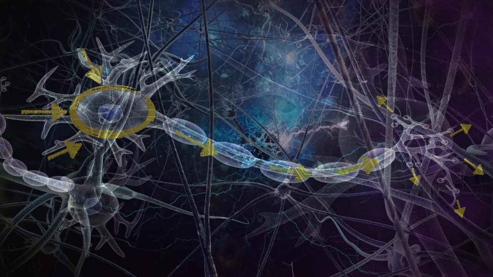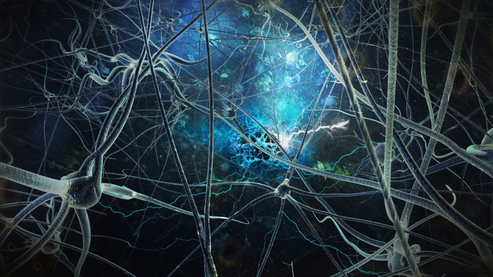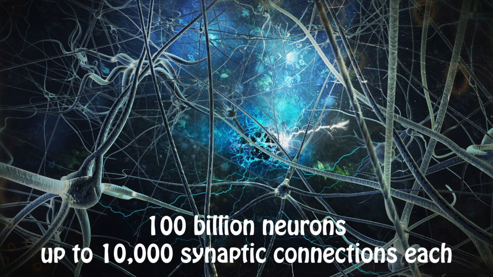The neurons are connected in this massive network. So you've got 100 billion neurons in your brain, and each neuron can have up to 10,000 synaptic connections. It can be up to 10,000 dendrites reaching out to axons of other cells. And it's the synaptic connections that are actually what learning is.